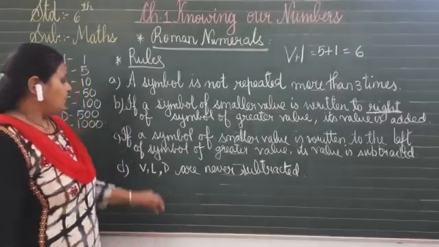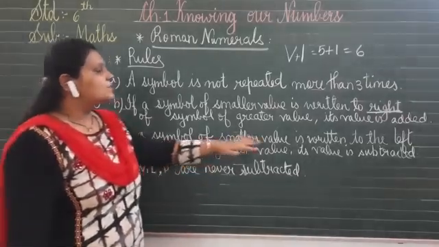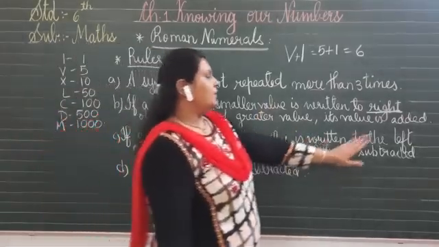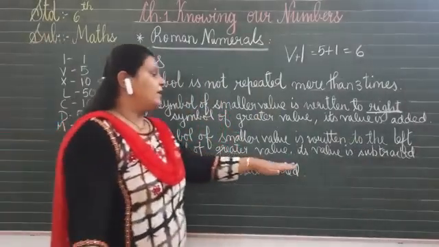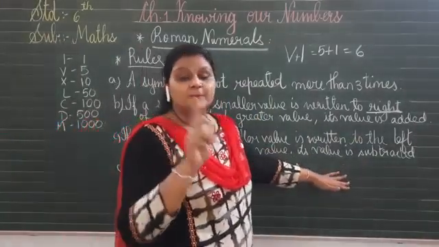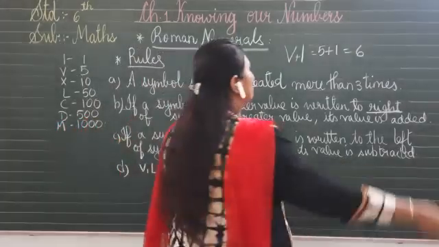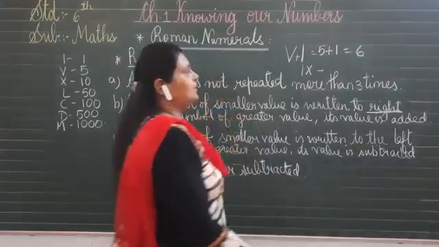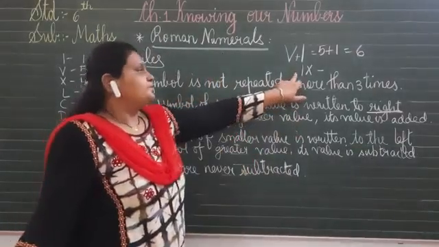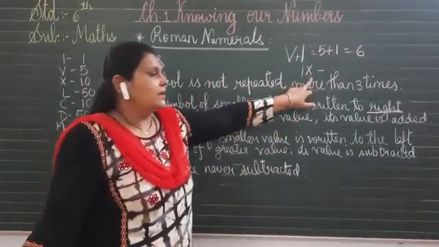Same way, if a symbol of smaller value is written to the left of a symbol of greater value, its value is subtracted. For example, if it is written IX, I for 1, X for 10.